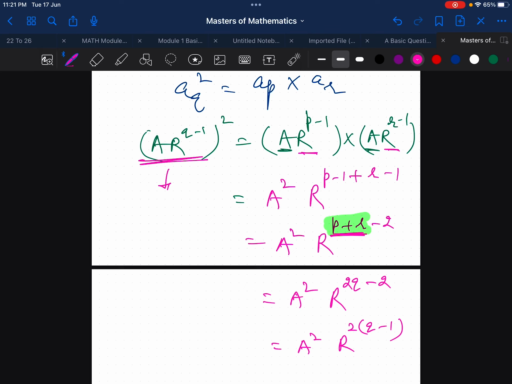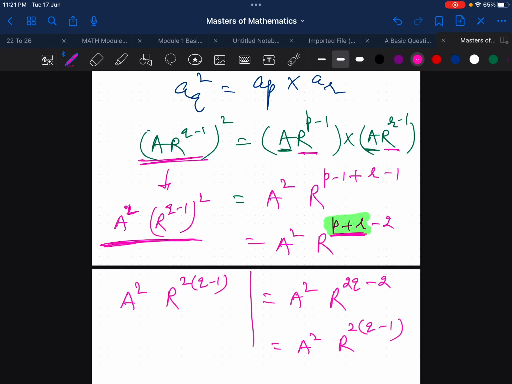Now let us see the left hand side. AR raised to power Q minus 1 whole square means I can write A square into R raised to power Q minus 1 whole square. I can write like this: x into y whole square is x square into y square. So in the next step, A square R raised to power twice of Q minus 1.